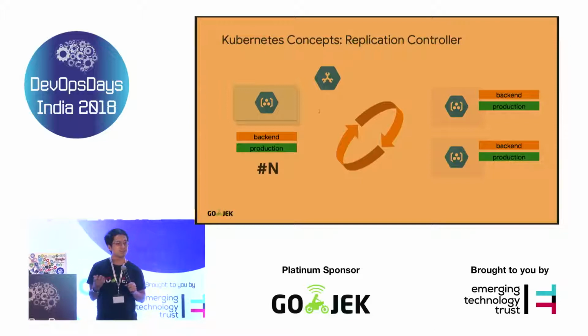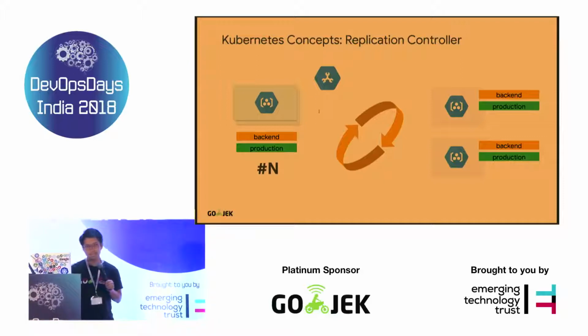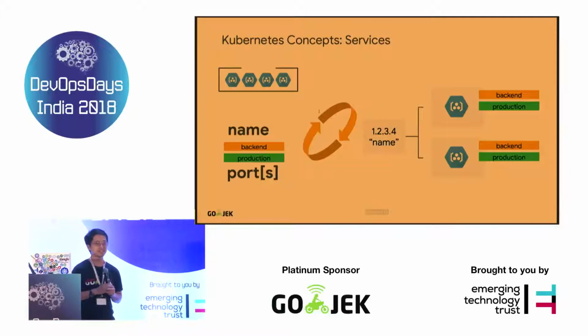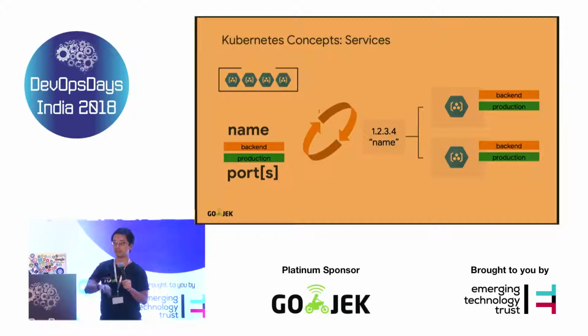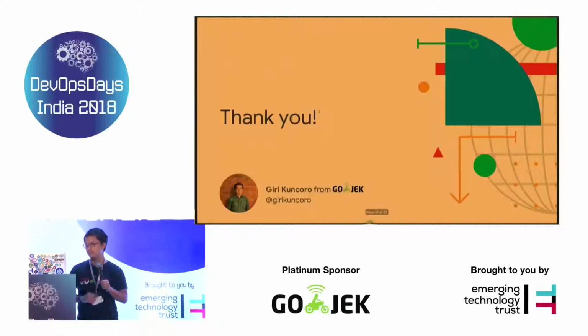Whenever 1 pod dies, the reconciliation loop will make sure to bring up another pod to match the desired number. Then the last thing is services, which also use a reconciliation loop. Whenever a new pod is spawned, the iptables or kube-proxy inside the cluster always makes sure that those pods are accessible with a static IP, 1.2.3.4. Okay, thank you.